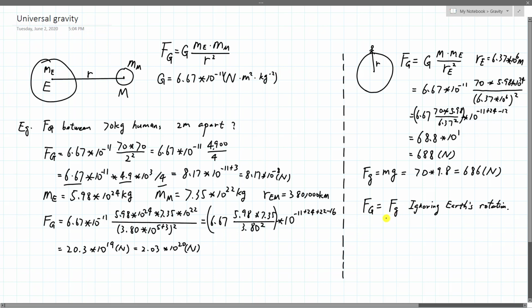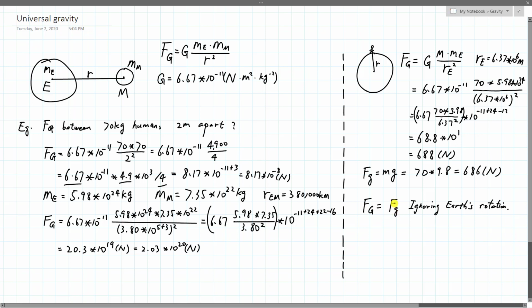And this really depends on your latitude, right? Because the centripetal force depends on radius, and that is the distance to the axis of the Earth's rotation. So if you're closer to the poles, then your distance to the axis is very short. Right? So you would require a smaller amount of centripetal force.